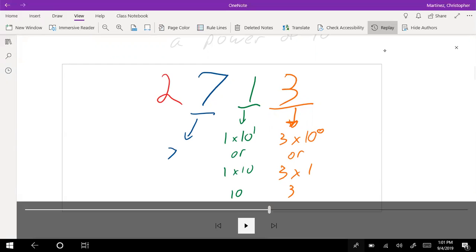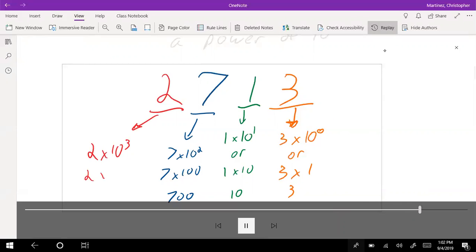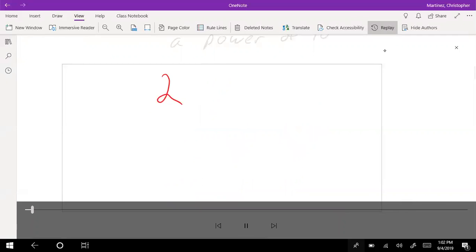Moving to the next item, we have 7 times 10 to the 2, or 7 times 100, for a final result of 700. Then the last digit we have is 2 times 10 to the 3, or 2 times 1,000, or 2,000.